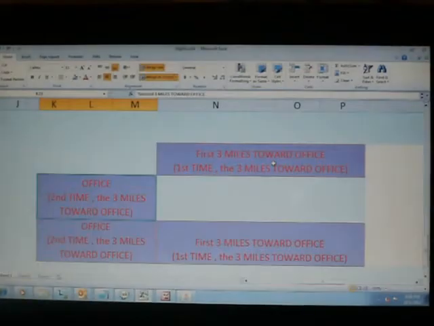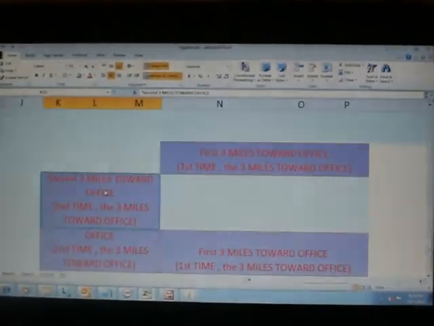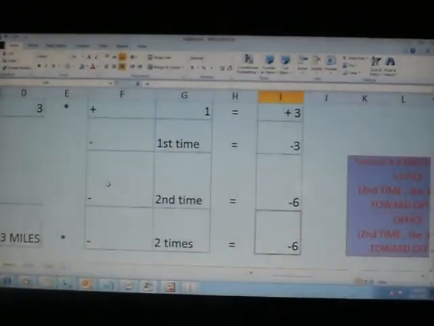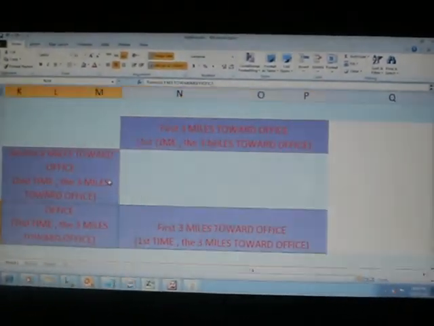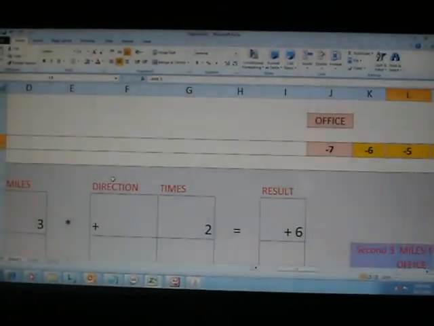Same thing, second 3 miles toward office, that is the second time the 3 miles toward office is minus 6. So that is how 3 miles toward office 2 times is minus 6. Thank you.